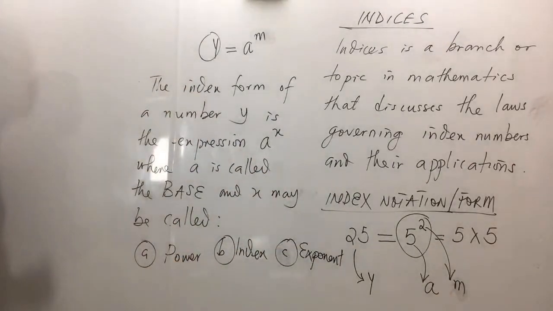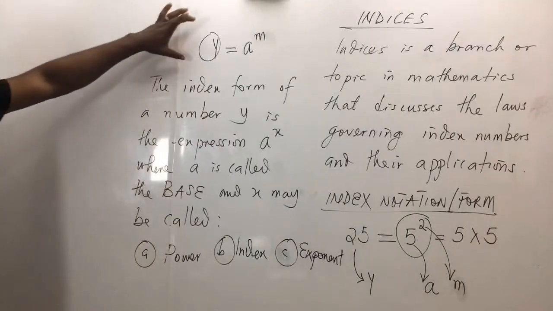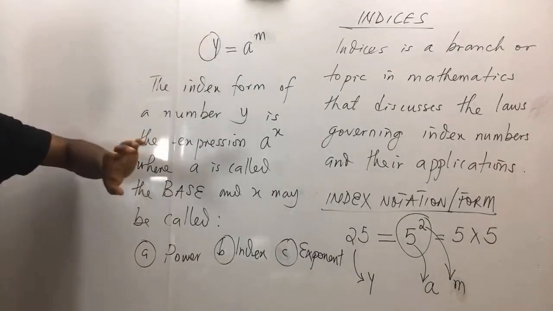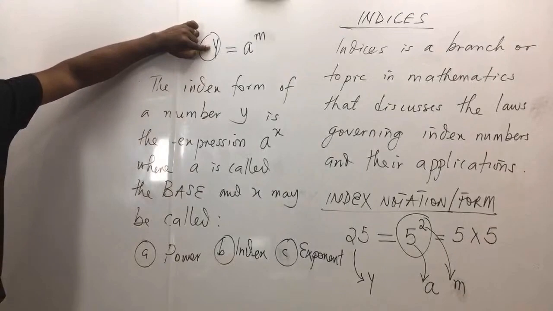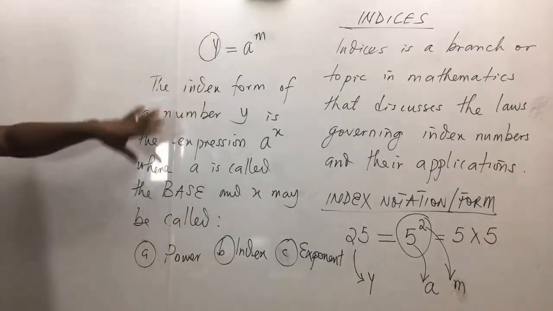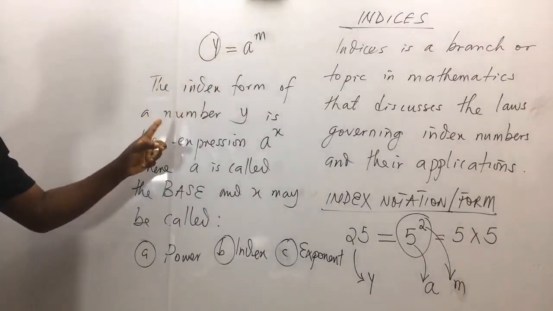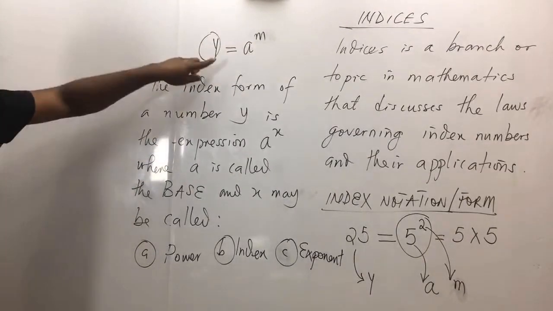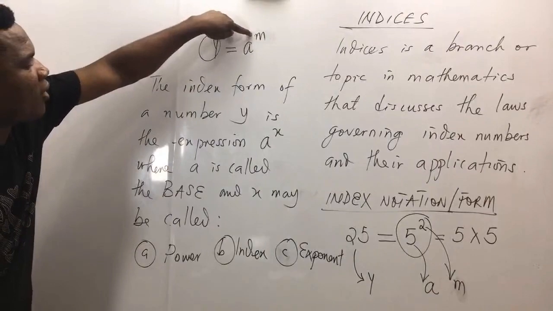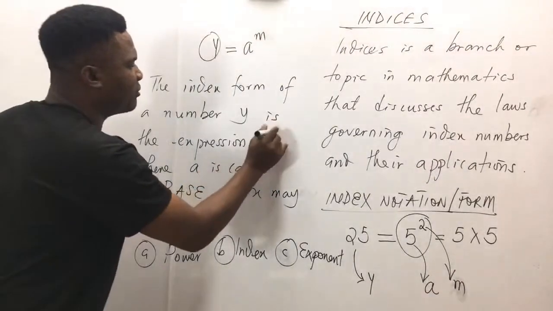Okay? So, what is the index form of a number? If we take a number Y and want to express that number Y in index form, what it means is to write Y in the form A to the power of M. So let me change this to M to be consistent.